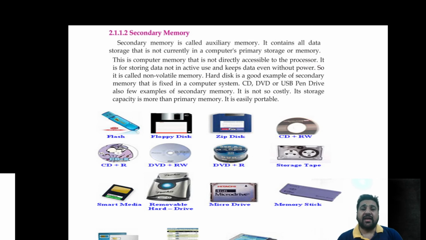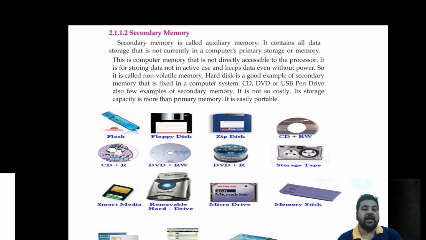Now we discuss secondary memory. Secondary memory is called auxiliary memory. It contains all data storage that is not currently in a computer's primary storage or memory. This is computer memory that is not directly accessible to the processor. It is for storing data not in active use and keeps data even without power.